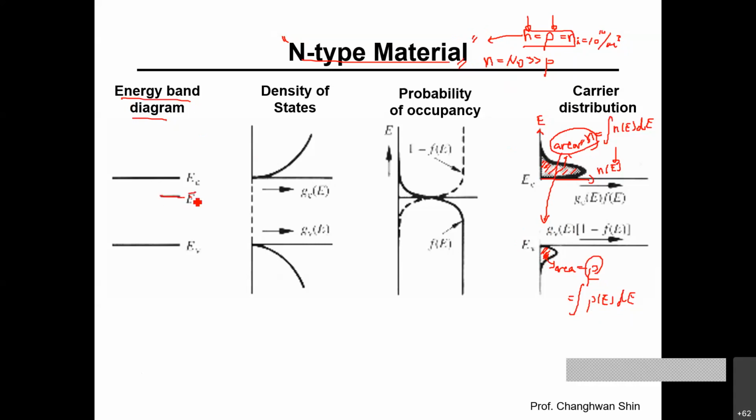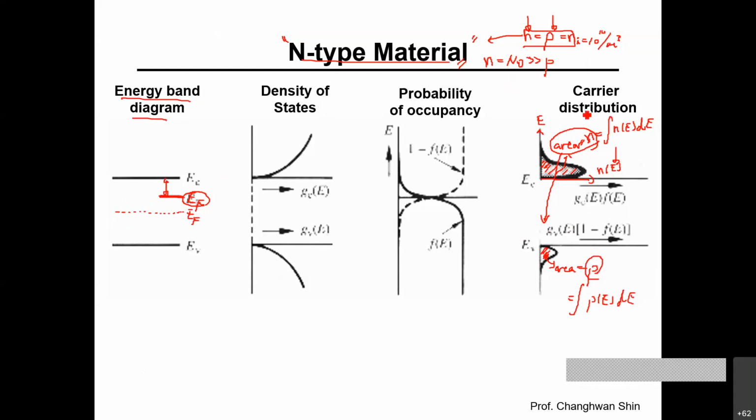As we know, the Fermi energy level in intrinsic silicon material has been placed at mid-gap, the middle point of the band gap. But now, the Fermi energy level for N-type silicon material is placed near the conduction band edge, right?